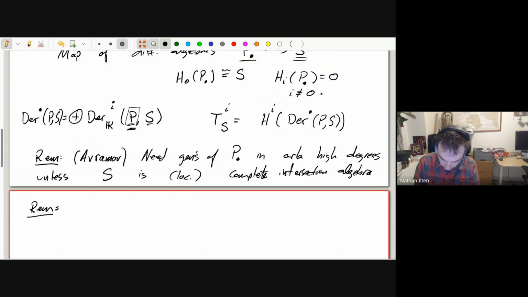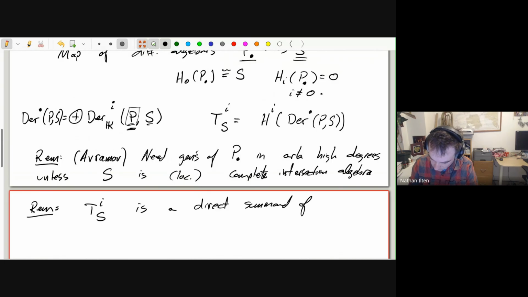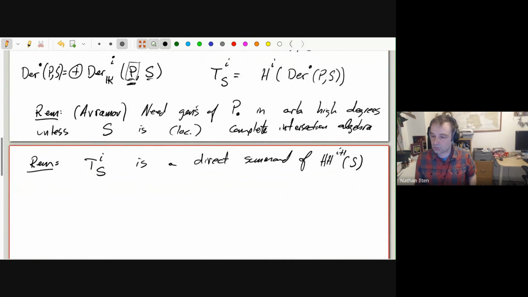So T^i of S is a direct summand of HH^{i+1} of S. So there's a shift of indices, but this is a connection to Hochschild cohomology. And we'll see an interpretation of this in a second, at least when i is equal to 1.